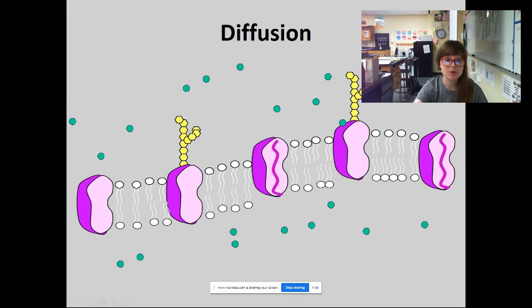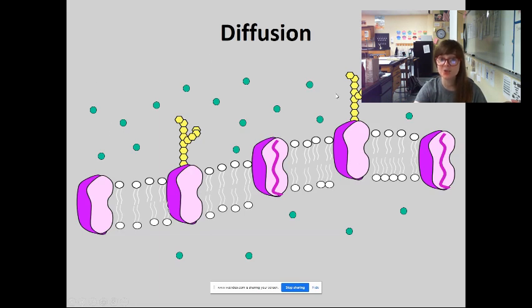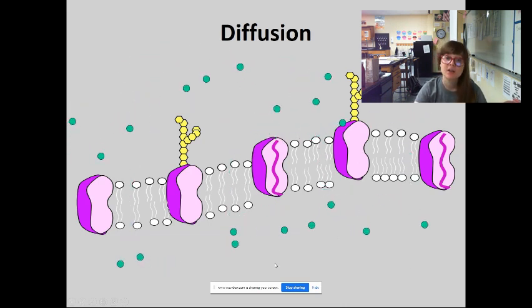So the molecules moved across the lipid portion of the membrane, and now they are more equally distributed. So they moved from where they were highly concentrated to where they were less concentrated until they reached equilibrium. So in your notes, you might write diffusion is the movement of molecules across the lipid portion of the membrane from high concentration to low concentration until, and this is another word for you to know, equilibrium is reached, or until they reach equilibrium, whatever you might put there.